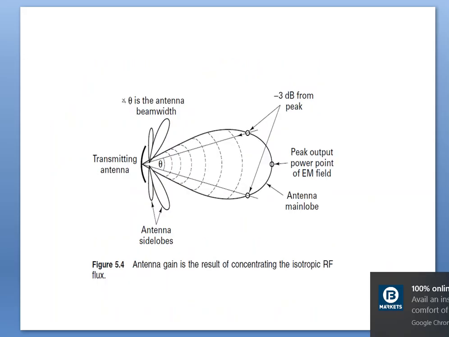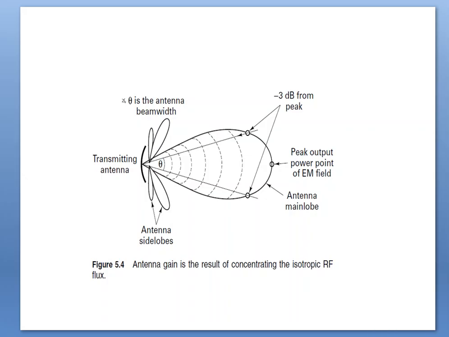In the figure, we observe one antenna which radiates in a particular direction. Every antenna has three types of lobes. The first is the main lobe, the second is the minor lobes, and the third is the back lobe.